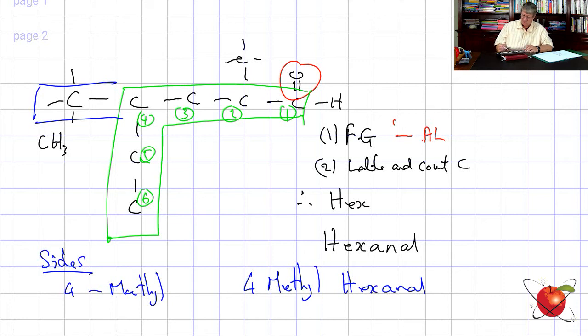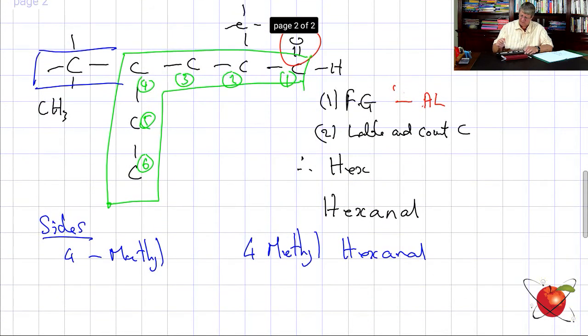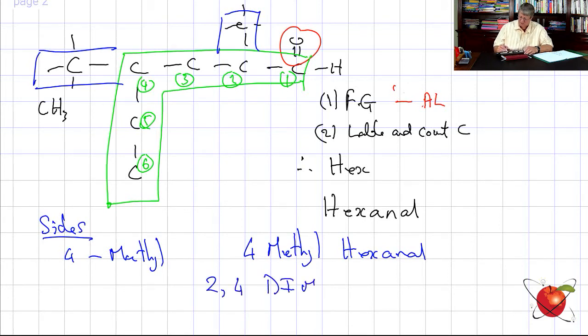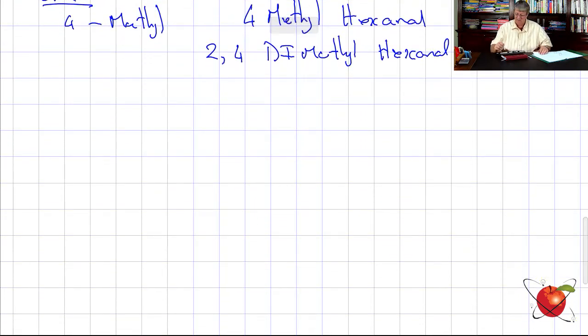It still stays hexanal, but it now becomes another side chain. Let me put it on. Can you see? There's another one. So it becomes 2,4-dimethylhexanal. Therein lies the solution to the problem.